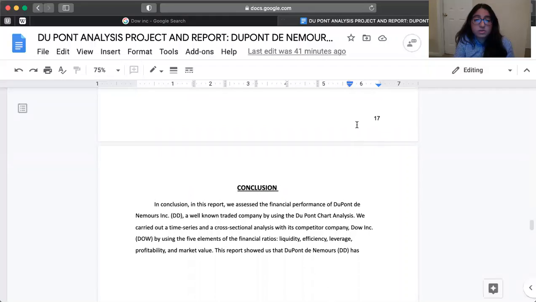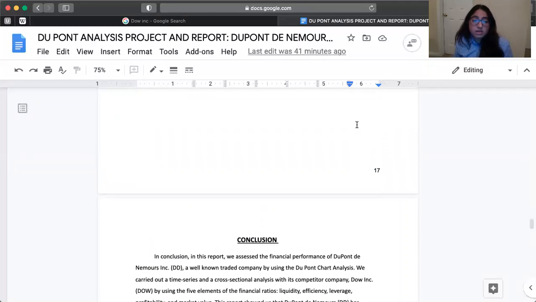In conclusion, in this report, we have assessed the financial performance of DuPont de Nemours as a well-known traded company by using the DuPont chart analysis.